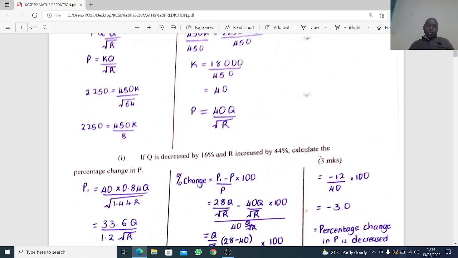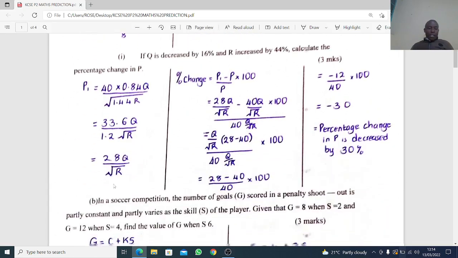So if it is increased by 44%, it is 100 plus 44 gives you 144, divided by 100 gives you 1.44. So that number 1.44 must be under the square root, like R is also under square root. So all over square root of 1.44R. So if you multiply 40 times 0.84, it gives you 33.6Q, all over square root of 1.44, you get 1.2 times the square root of R, because R remains.